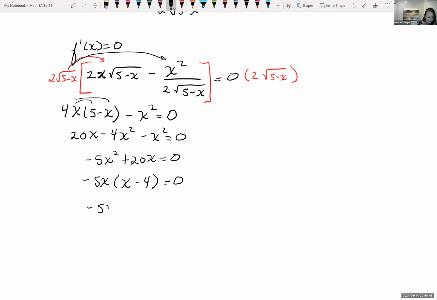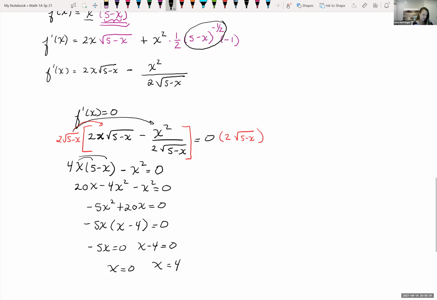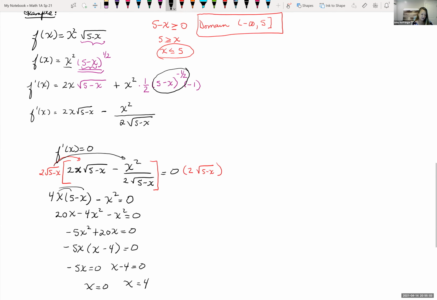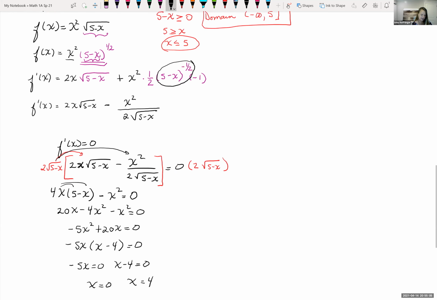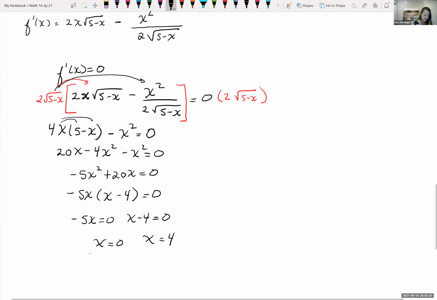So we're looking at when is negative 5x equals 0 and when is x minus 4 equal to 0. So when x is 0 and when x is 4. I would look to see, is this in my domain? My domain was negative infinity to 5, including 5. So these are in my domain. Those are our critical numbers.